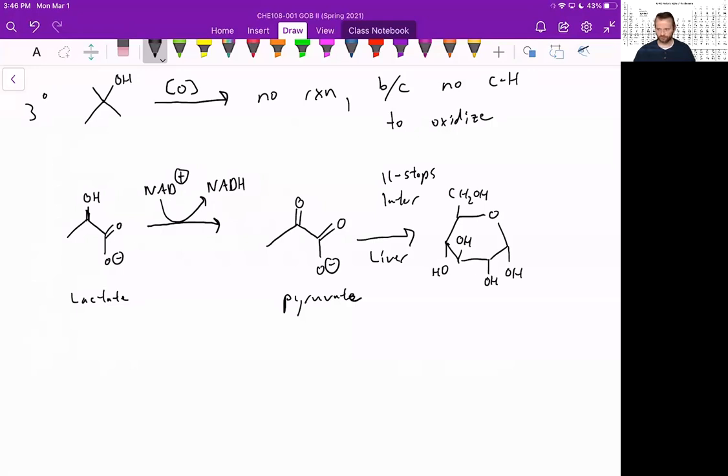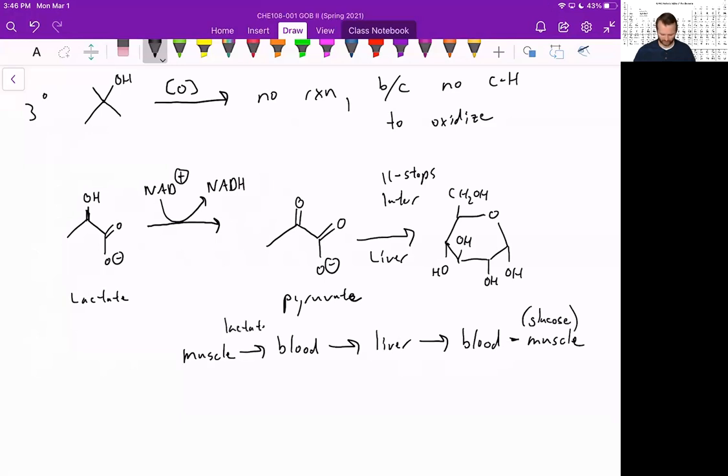And the whole process where you go from the muscle to the blood to the liver, and then back to the blood, back to the muscle, so the muscle gets glucose back. Here the muscle exports lactate or lactic acid. This is called the Cori cycle.